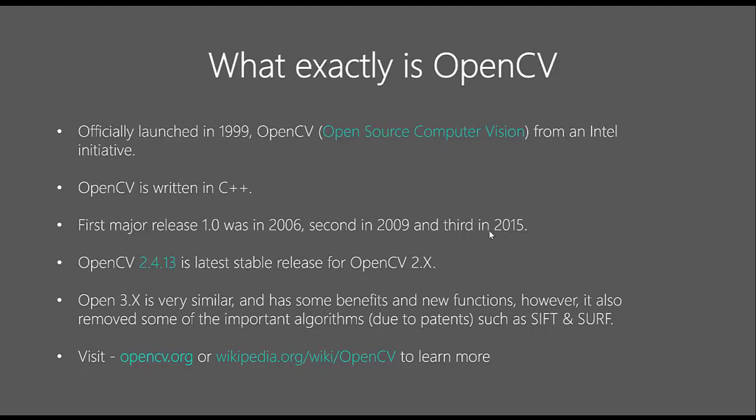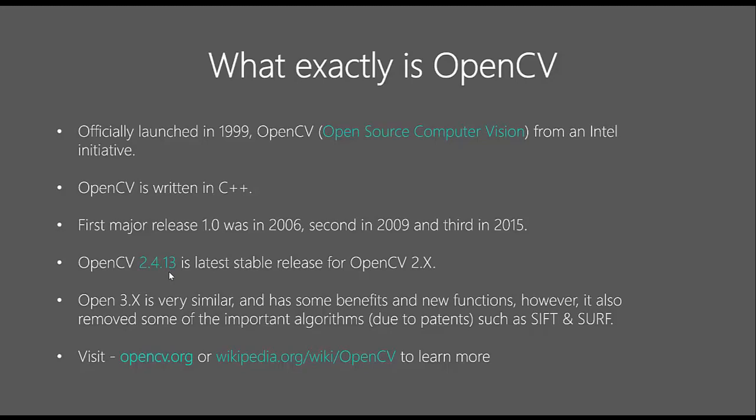In this course, I will encourage you to use 2.4.13. It's very new. The latest release, I think, was just last year. However, you can check the website. It may be in a later version by the time you read this course. It's quite stable and widely deployed. I remember seeing stats saying that up to 60% of researchers still use OpenCV 2.4.13.